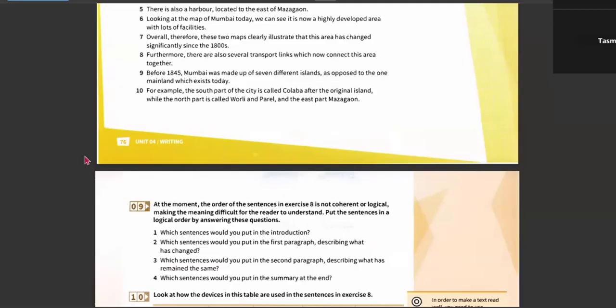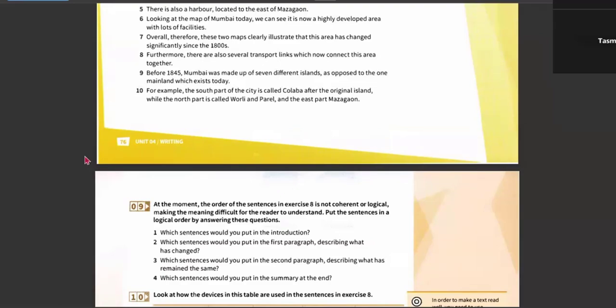So, see what you said, it is not logical the way it is being numbered. It is making the meaning difficult for the reader to understand. So because it is not in order, we're unable to understand the actual presentation of the map that is given here, right?